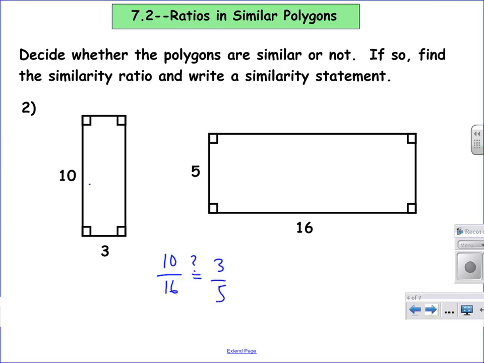All we need to do to check this is cross multiply. 10 times 5 is 50. 3 times 16 is 48. And anytime you have two of your ratios set next to each other and they are not equal, then the figures are not similar. So the ratios don't hold.